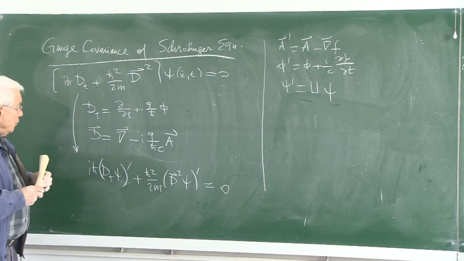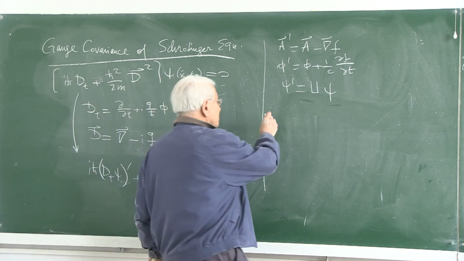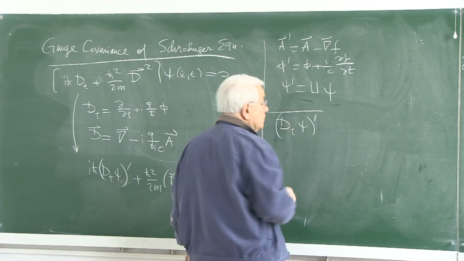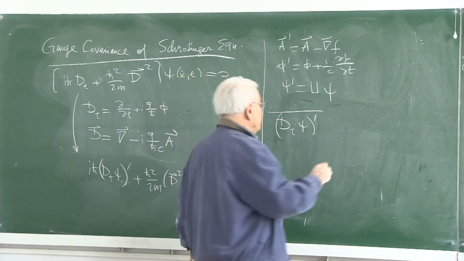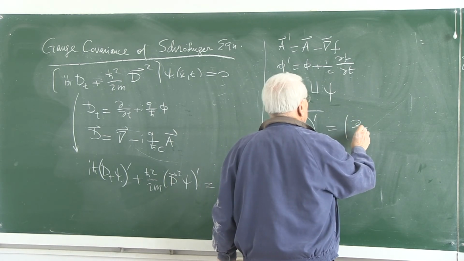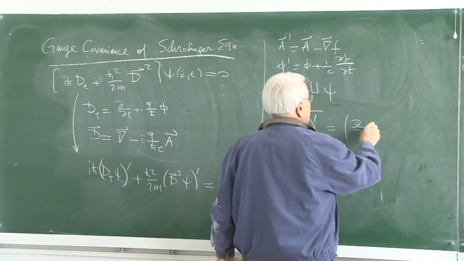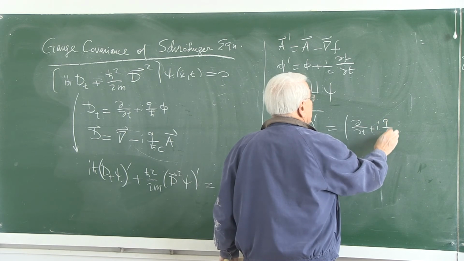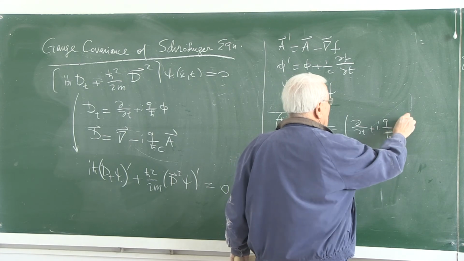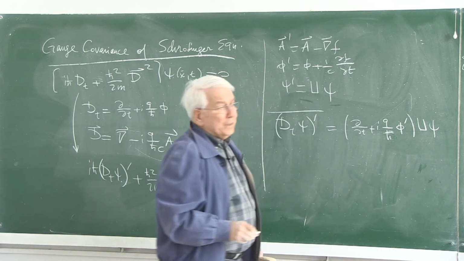If you look at the form of this equation, I have an expression of this form, for instance. What is it? It is ∂/∂t plus iq over ħ φ′ times Uψ, right? This is really what that is.